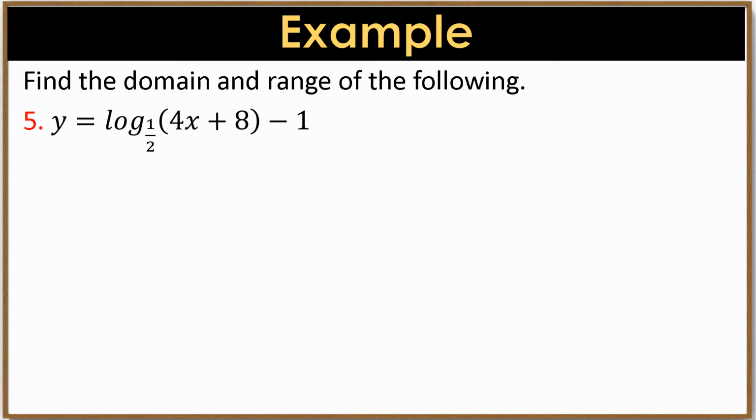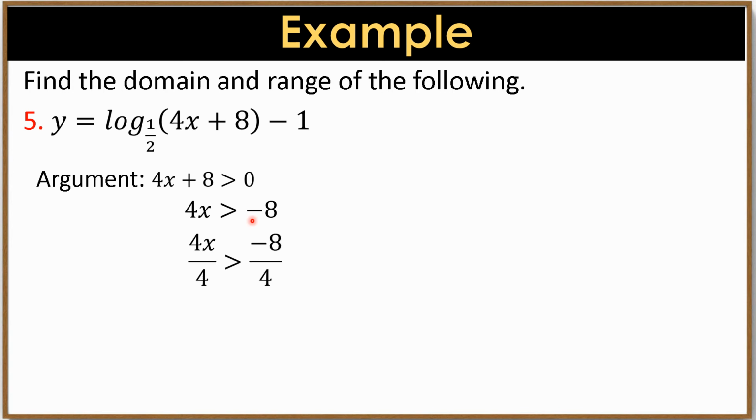Next, number 5. So we have the given here: y equals logarithm of 4x plus 8, minus 1, base 1/2. So our argument, 4x plus 8, is greater than 0. Whatever is here is our argument. And then it becomes 4x is greater than negative 8. Where did the negative 8 come from? From here, we transpose. From positive, it became negative. Divide both sides by 4.